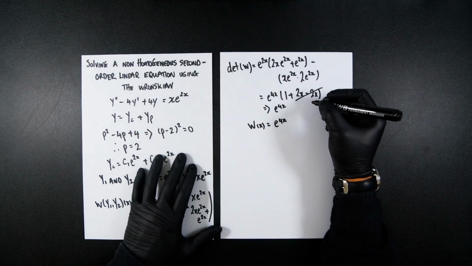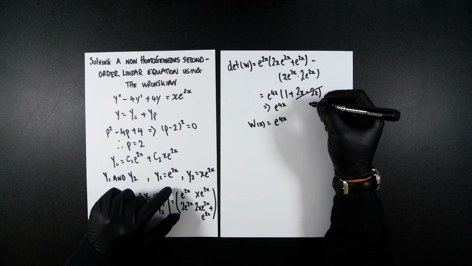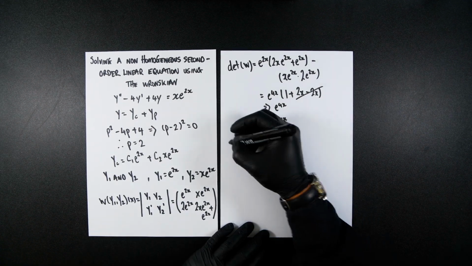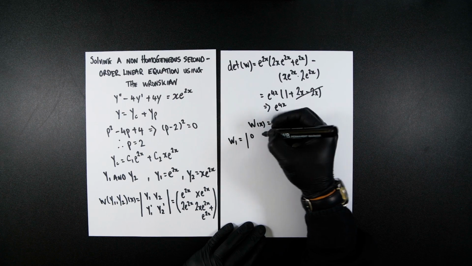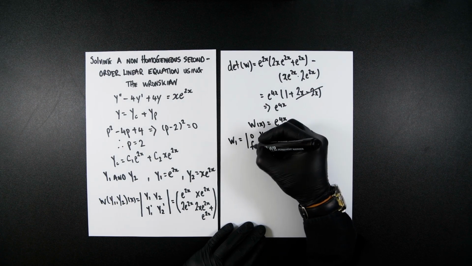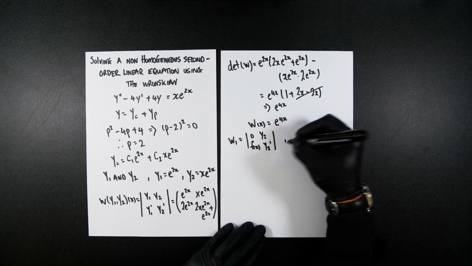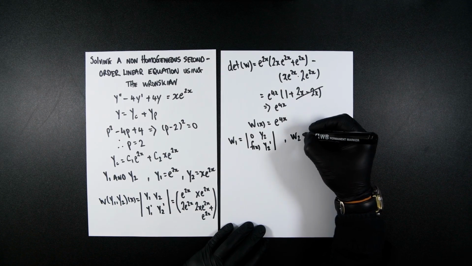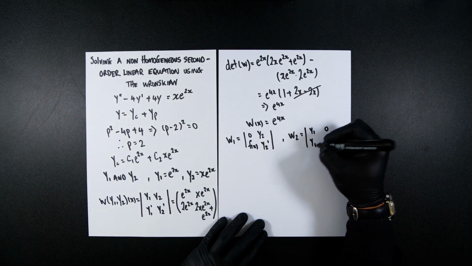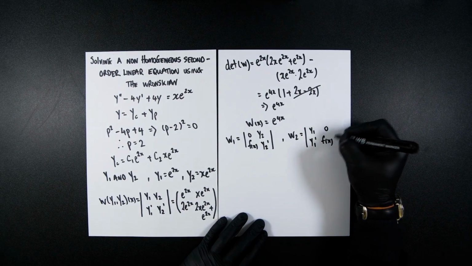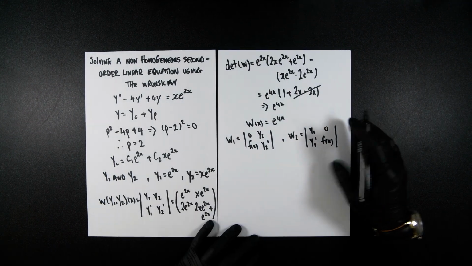We now need to find out what W1 is, so the Wronskian of one part, and W2, which is the Wronskian of the second part. To do this, W1 is 0, y2, the function, and y2 differentiated. And the Wronskian W2 is going to be y1, 0, y1 differentiated, and then the function. So this is all with respect to our right hand side we're dealing with.